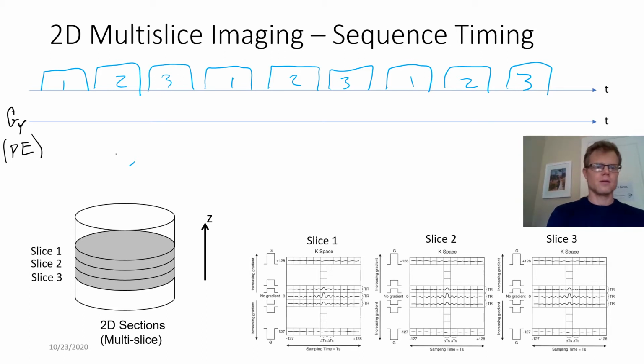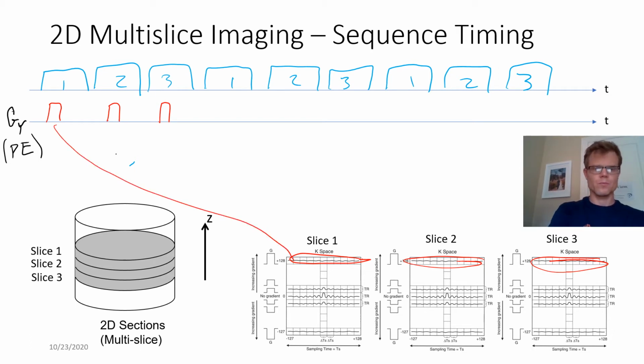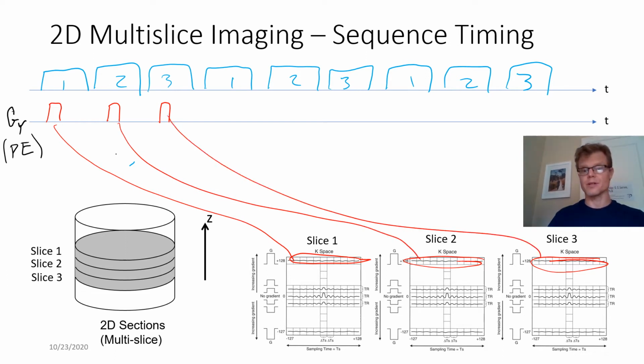And in the first TR, it might be this high amplitude positive gradient, which is going to correspond to filling in one line here of K-space. Right, so we're going to do this line, do this line, do this line for our separate slices.